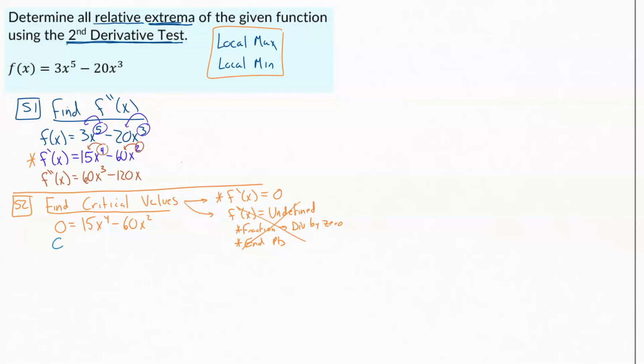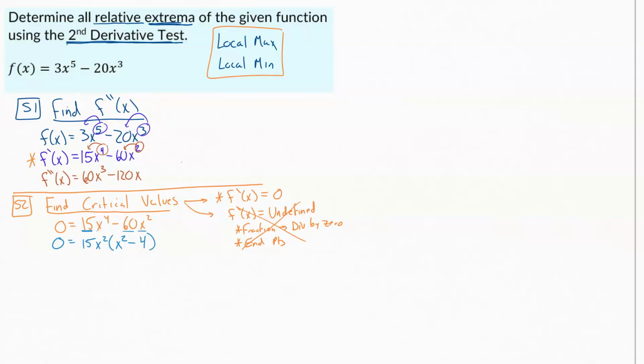And so here, that's exactly what we're going to do. We're going to factor out whatever we can. I can pull a 15 out of both pieces, and then I can pull an x squared out of both pieces. That leaves me with 15 x squared times x squared minus 4, since pulling 15 out of that 60 gets us a 4.